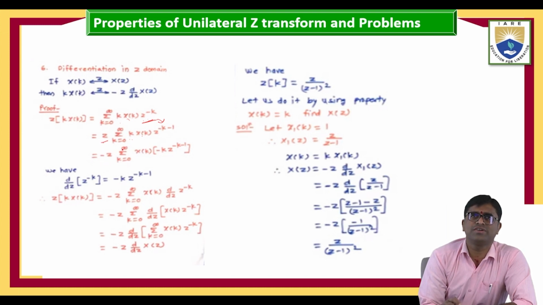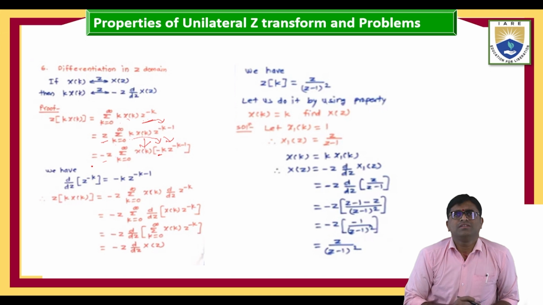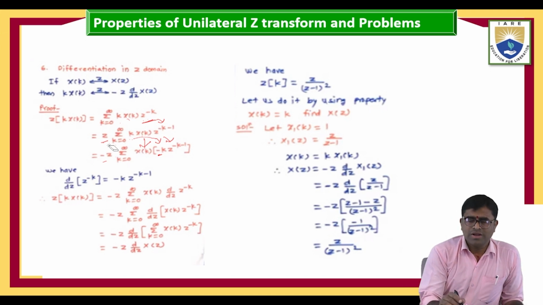Minus z, the sum from k equals 0 to infinity of x(k), and this k comes here into z power of minus k minus 1. This minus into this minus, which is the above expression, comes to plus. Up to here you have to understand.